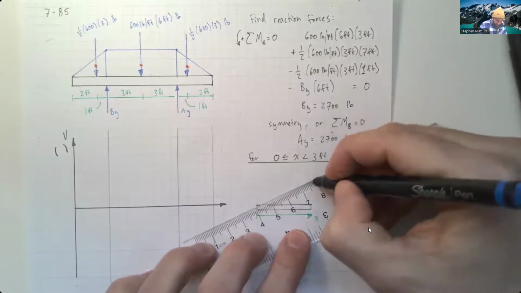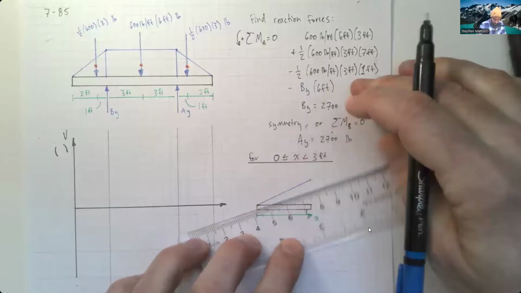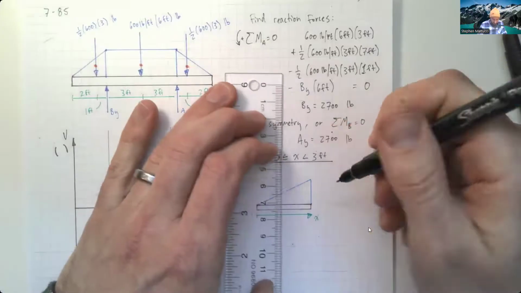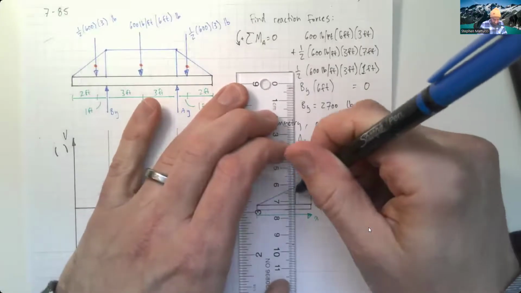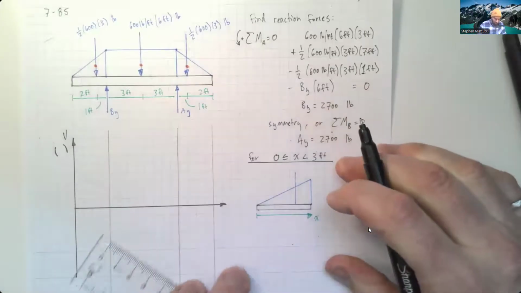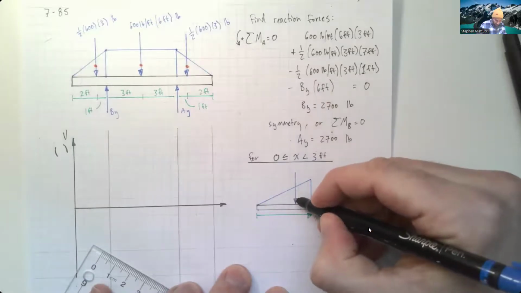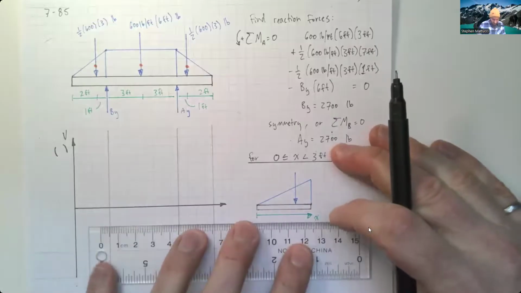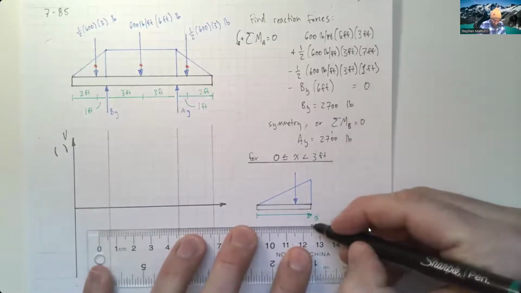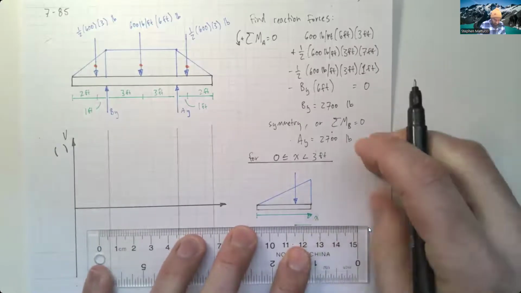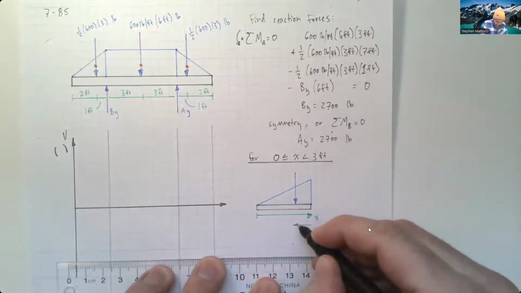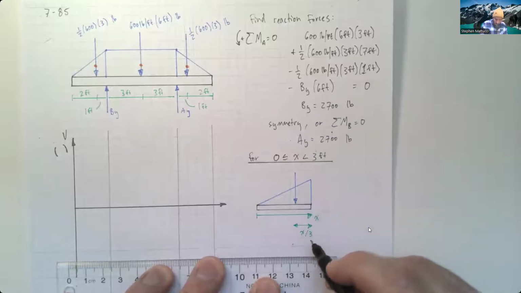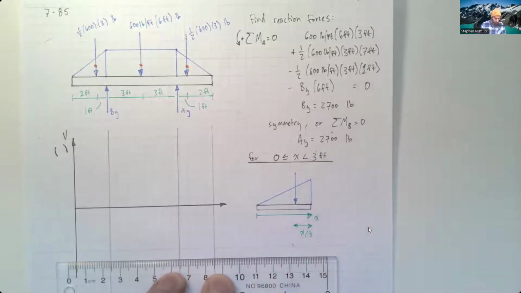This is my triangular distributed load, where I've got the resultant force acting down. This resultant force of our segment is also going to be dependent on x, such that it's just 1/3 of this length x.